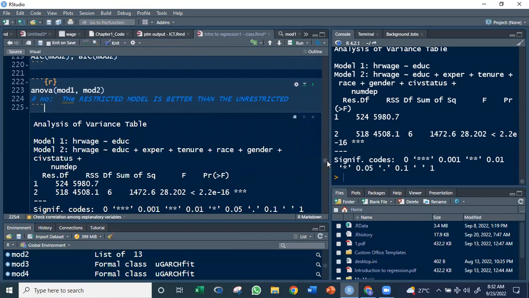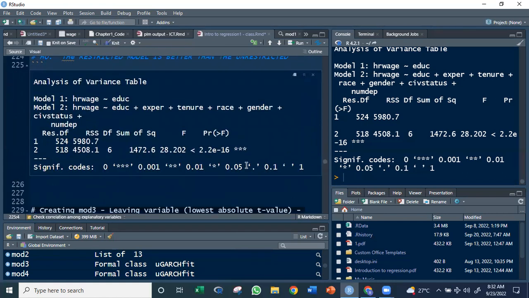And what does the F statistic tell us? It's 28.02. The degrees of freedom indicate the difference between the number of predictors, so 7 minus 1, that's 6. And the p-value is 2.2 times 10 to the negative 16.